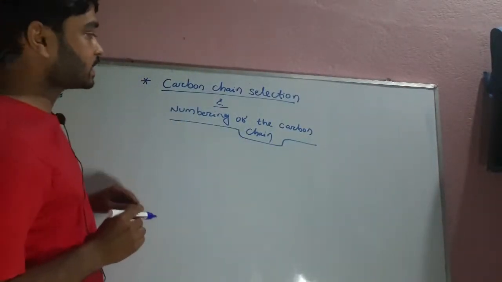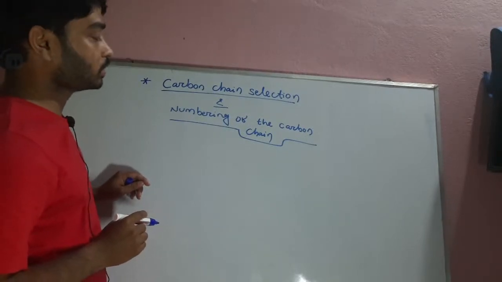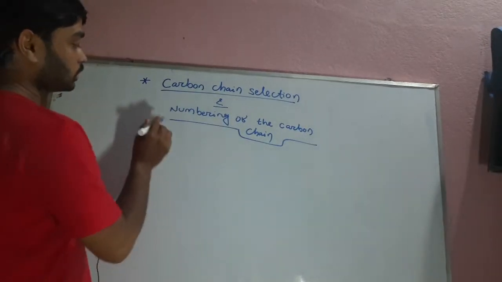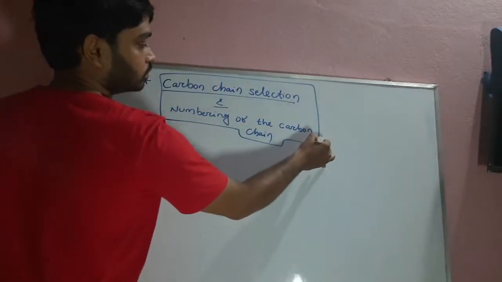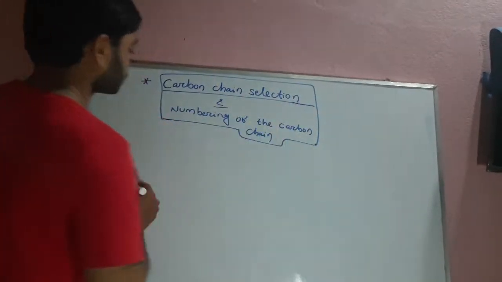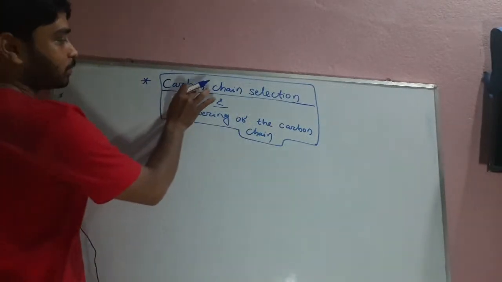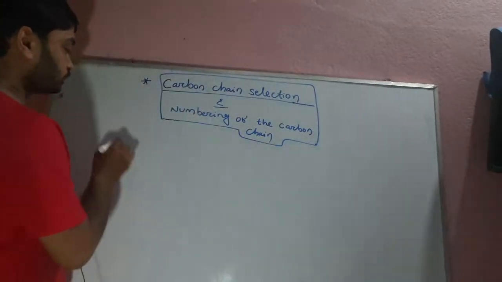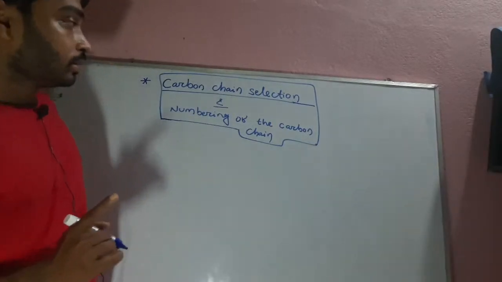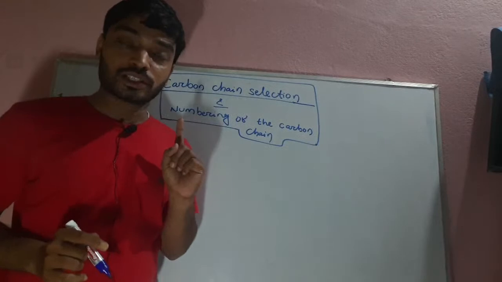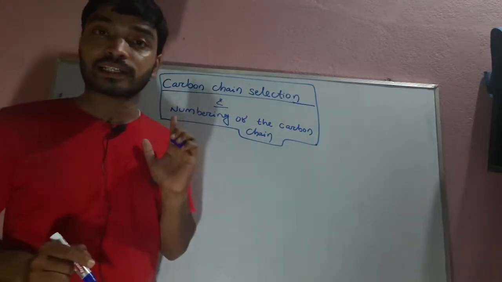So, carbon chain selection and numbering of the carbon chain. As told in the previous recorded class, the longest continuous carbon chain should be selected.